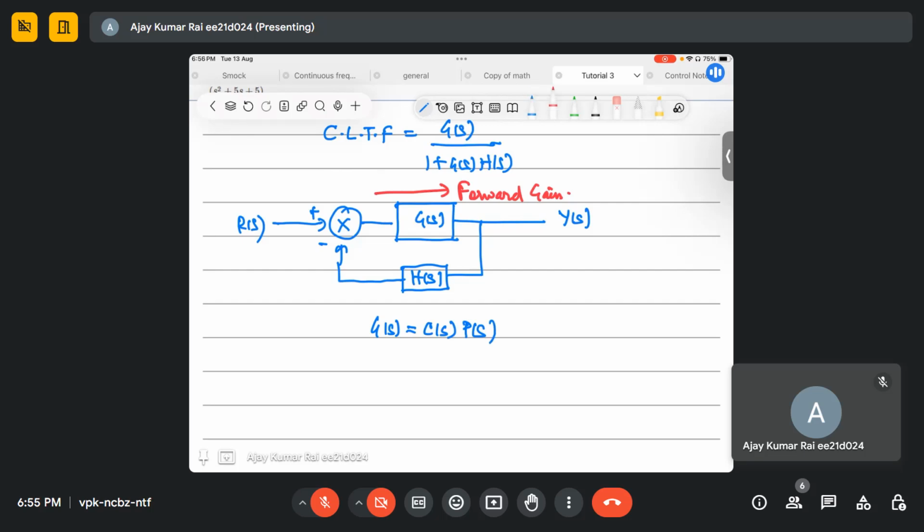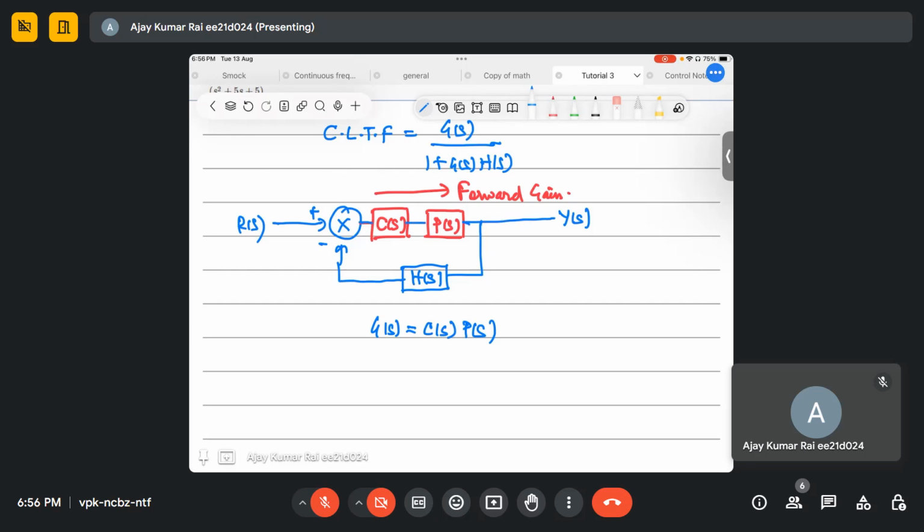So what I can do, I can replace this with C(s) and P(s). P(s) is the plant transfer function and C(s) is the controller transfer function.